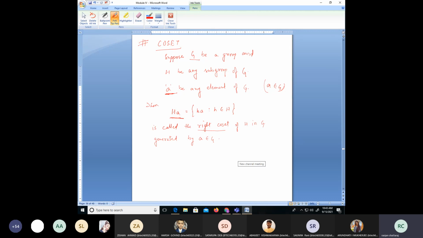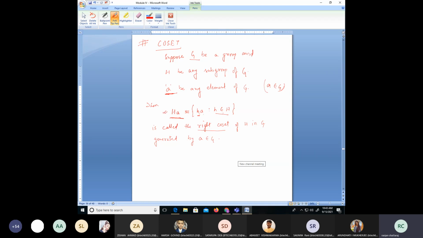Capital H into A. And what are the elements of that set? That is small h into A, where h belongs to H. That means this is the product of elements of H and the element A. And sometimes this A belongs to H also, and a simple example is the identity.